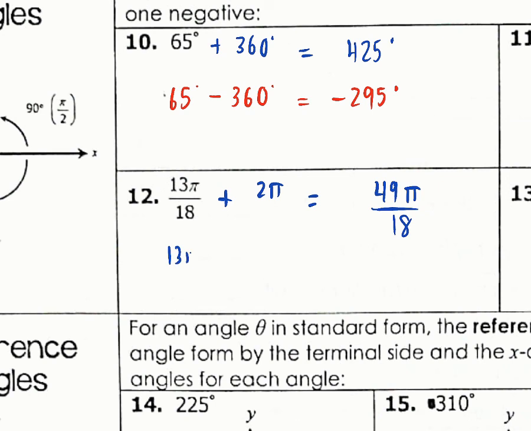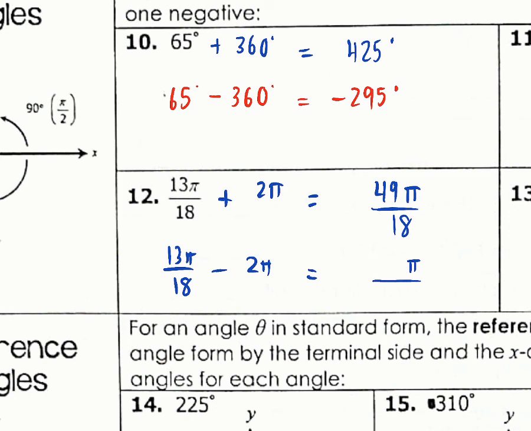Let's do 13 pi over 18 minus 2 pi. Again, leave pi alone. What are we going to do? Type in our calculator. What? Not all at once.